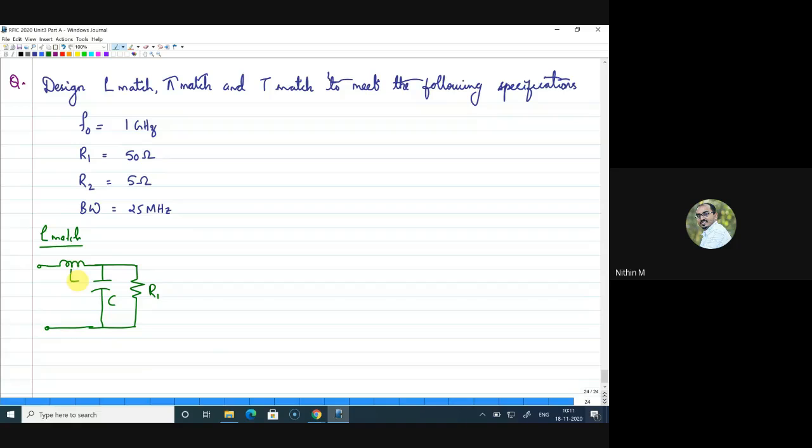So this is L and C. From the given specification, it is clear that we need to transform 50 ohm impedance into 5 ohm, so I have taken a downward impedance transformer. That is why I have taken this topology of L and C like this. So from here, the resistance seen is R2.